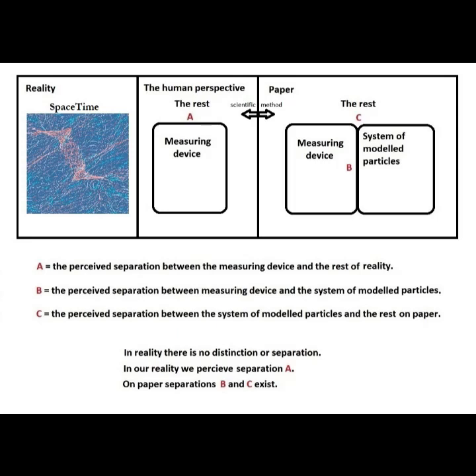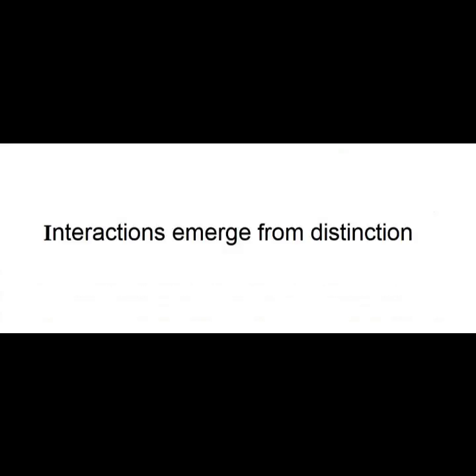Forces appear to exist because separation appears to exist. Whenever particles are distinguished, a description of any interactions between them becomes necessary. Forces or interactions emerge from distinction. I repeat, interactions emerge from distinction.